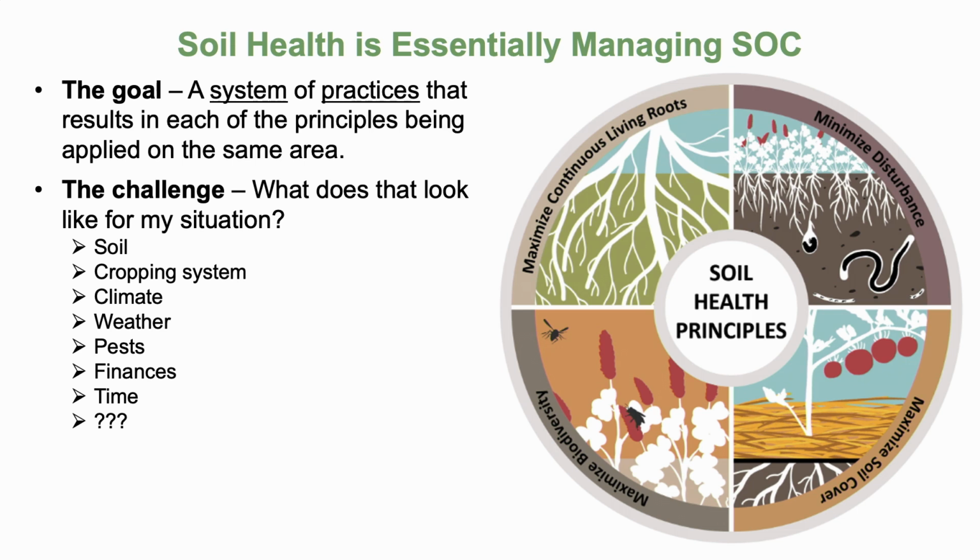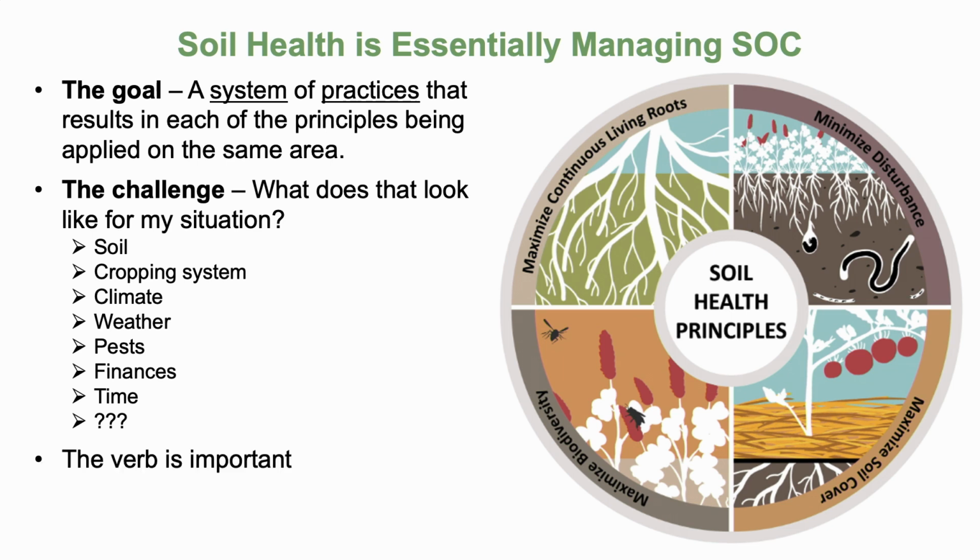You have different finance. You have different time. So all these things are, I don't know, obstacles that have to be overcome to implement these systems, or challenges that have to be figured out for you to say, okay, how do I incorporate those 4 principles on my piece of ground to optimize benefit?